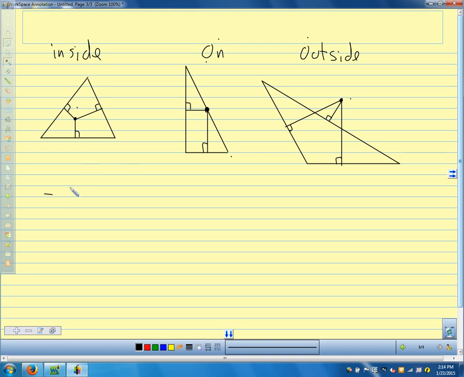The angle bisectors. The angle bisectors of a triangle, what are the angle bisectors of a triangle doing? Cutting what in half? The angles. So we're bisecting all three of the angles.